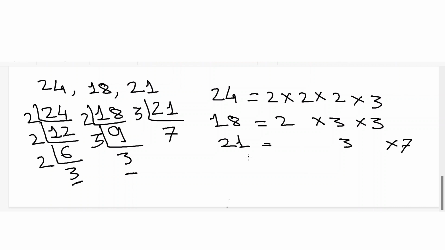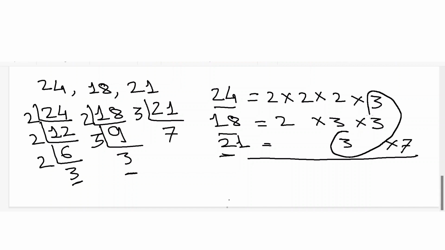Now, if we try to find out the factor which is common in these three rows, 24 row, 18 row, and 21 row, we find only one factor that is common in each of the three rows, and that factor is 3. So the GCF of 24, 18, and 21 is 3.